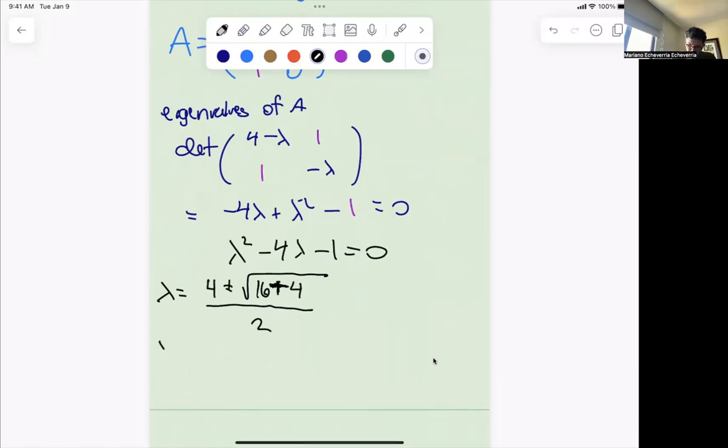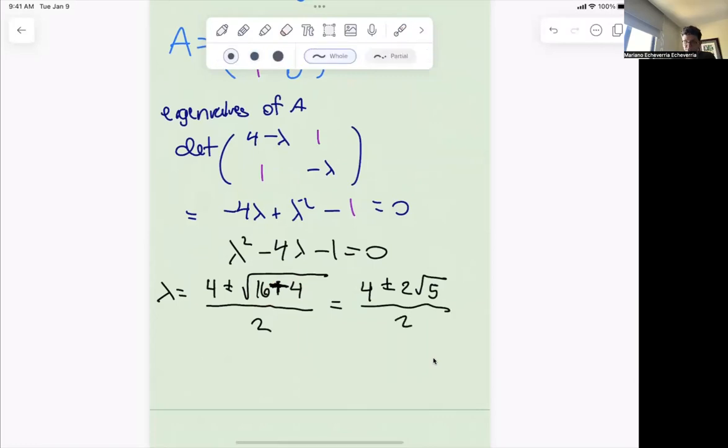This is going to give you root of 20, which is 2 root of 5 over 2.